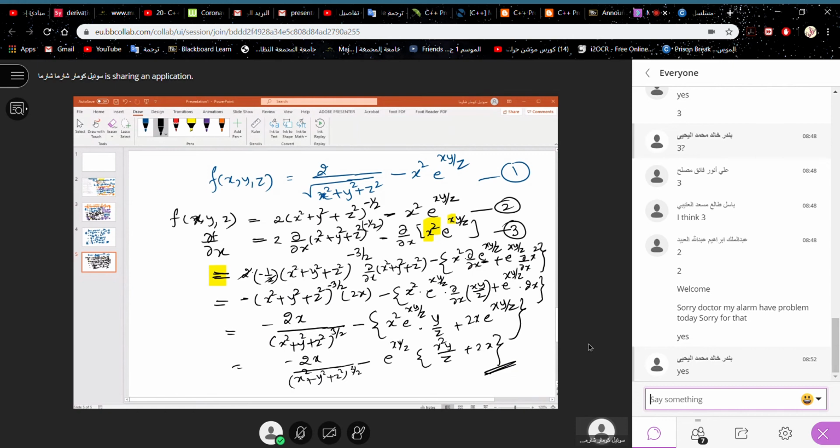It is very similar, very easy, because here this is the product of two functions when you go for x.